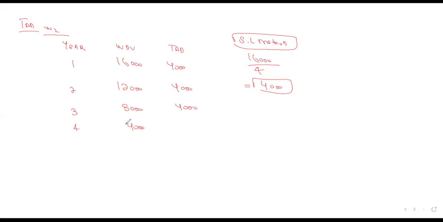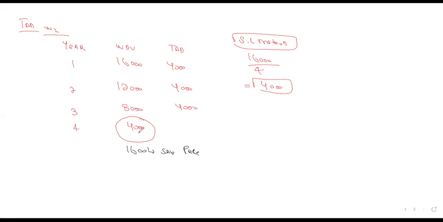Now, when we are having this 4,000, the examiner said that we are going to sell the asset for how much? 1,600. This was the sale price.